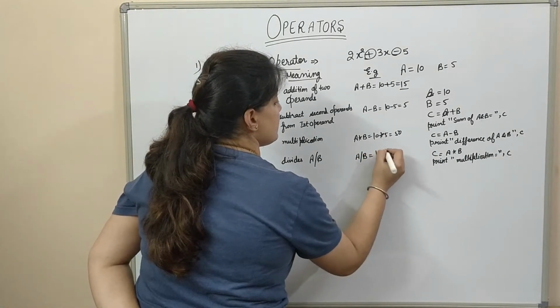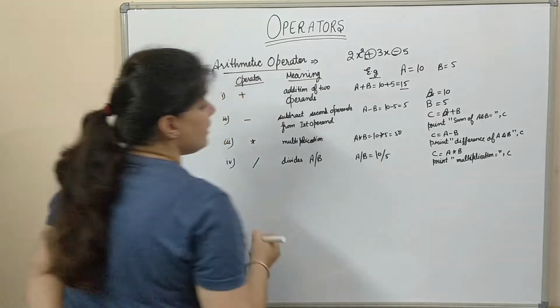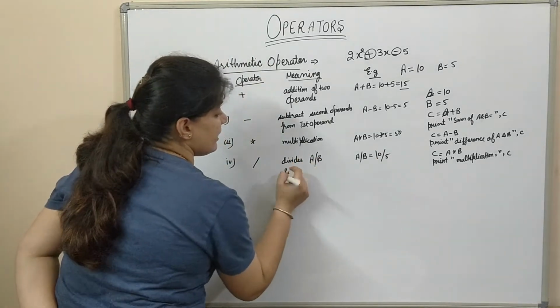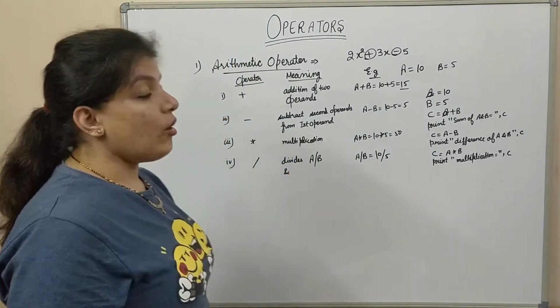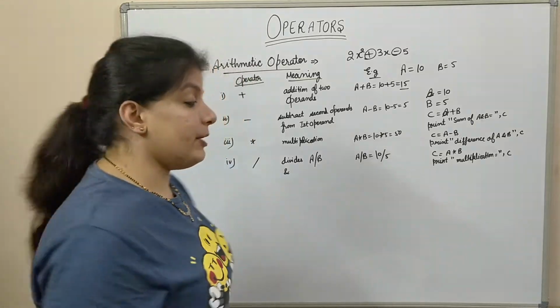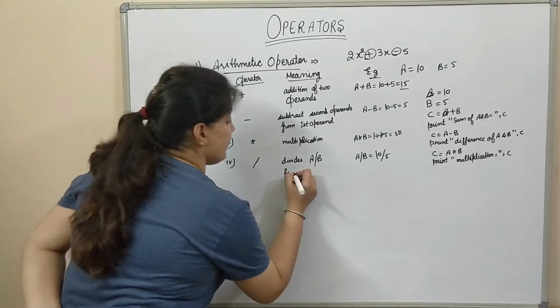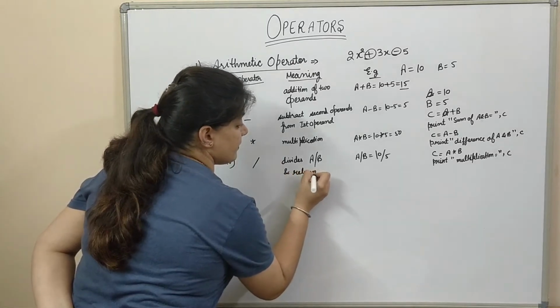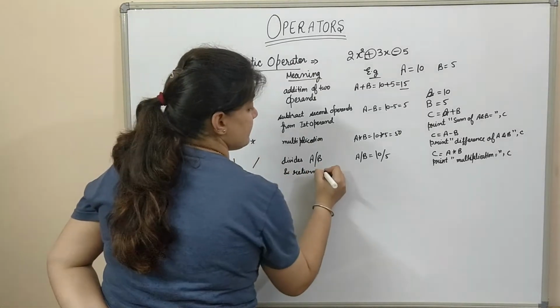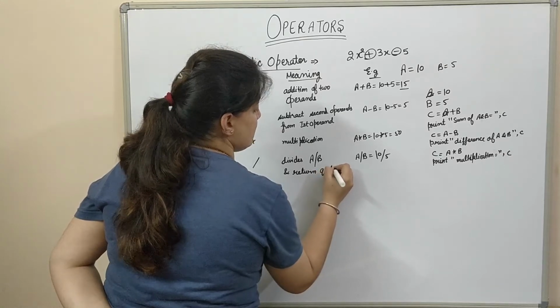When we are using this operator, it divides a by b, or the first operand by the second operand, or numerator by denominator, and it will return the quotient value.